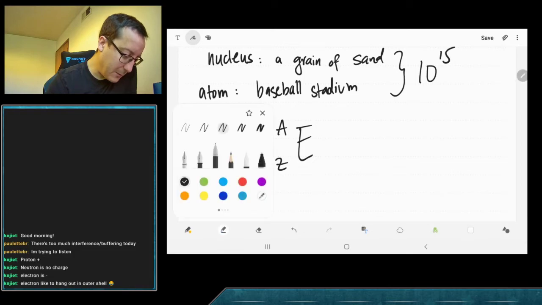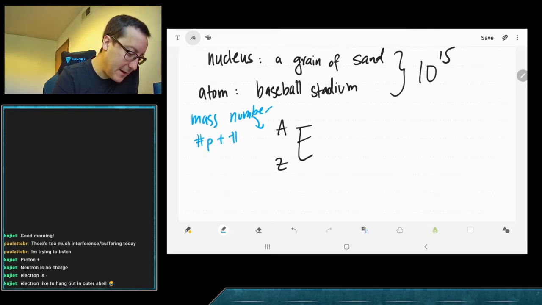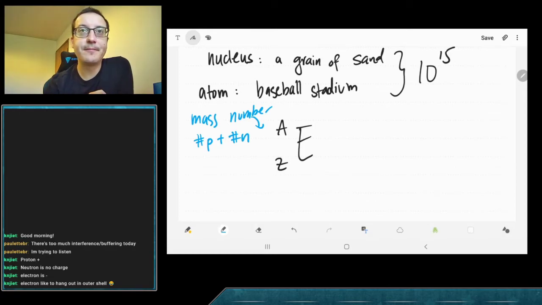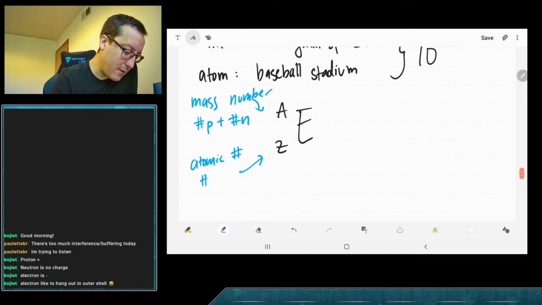We use what's called AZE notation sometimes, where A is the mass number, which is the number of protons plus the number of neutrons. Z is the atomic number, which is the number of protons.